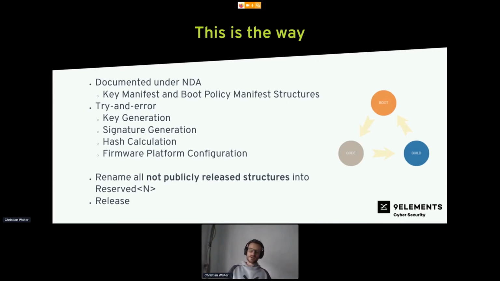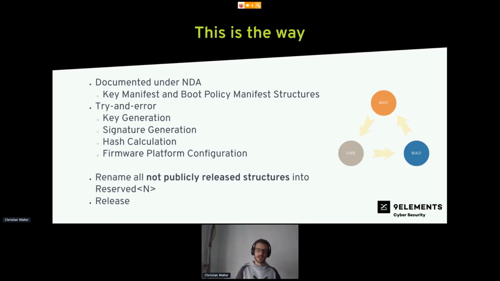However, there were a couple of things that we had to work around. There was, for example, key generation. As I said, all these structures are signed with a key, and it was not clear from the beginning what kind of keys they use. Are they using RSA keys? In what format do the keys need to be?